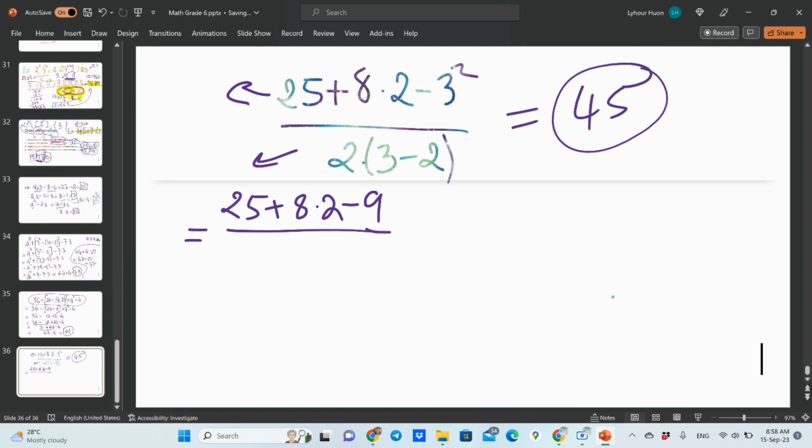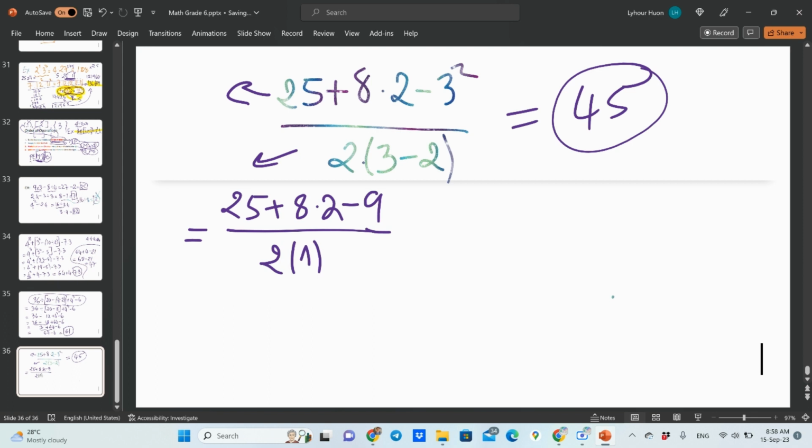And then in our denominator, we have parentheses and multiplication, so we do the parentheses first. Are we talking about the numerator or the denominator? Denominator. In the denominator, we do the parentheses.